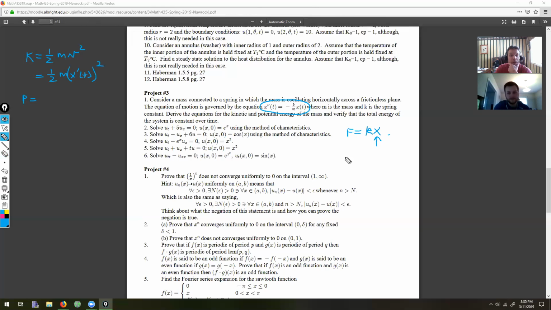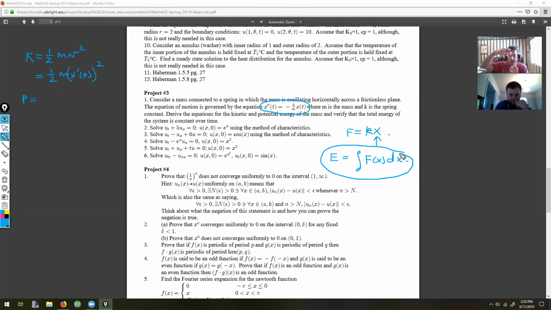Okay. So then remember that if you have a force acting on an object through a distance, the amount of energy that you use to move that object is the integral of your force function. So our potential energy is basically going to be this.